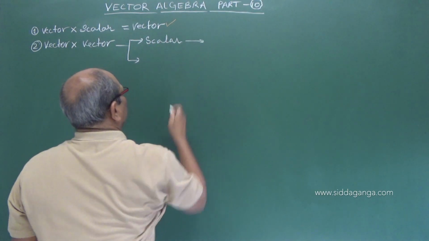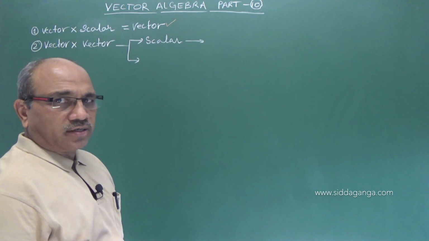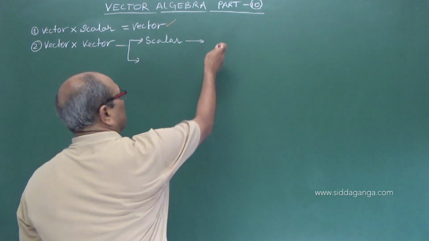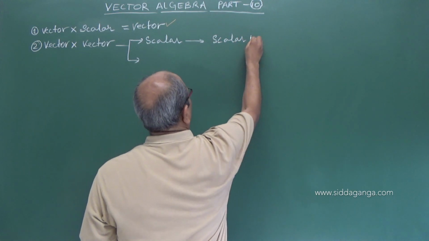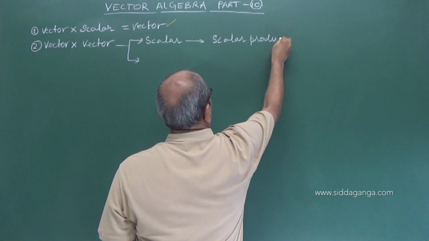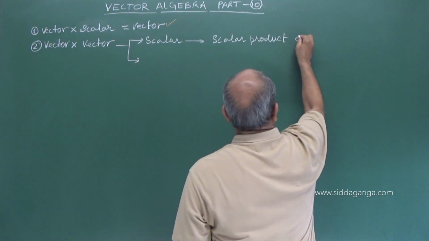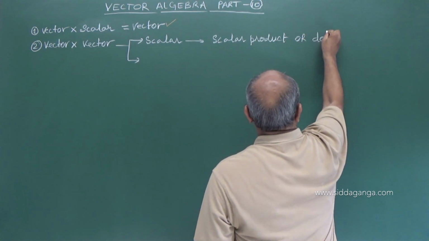When we multiply a vector with a vector, if it is converted to a scalar, then it is called a scalar product or dot product of vectors.